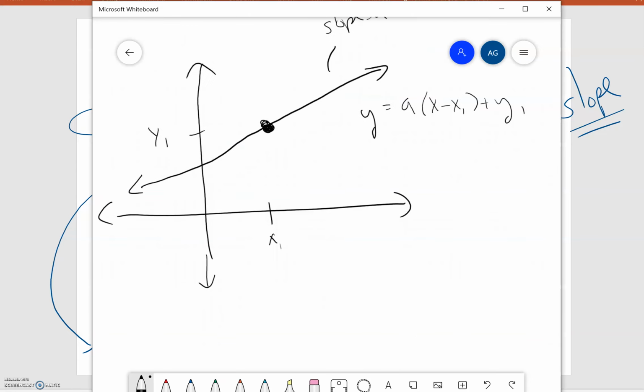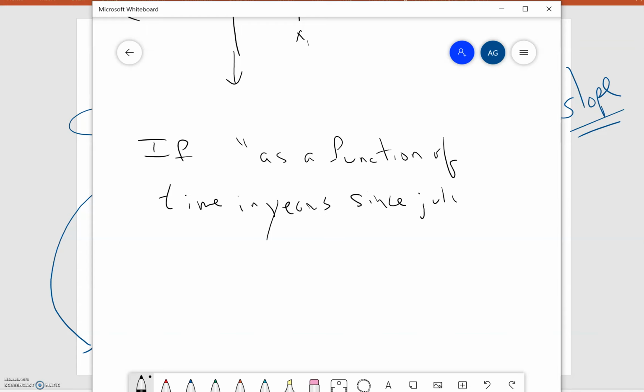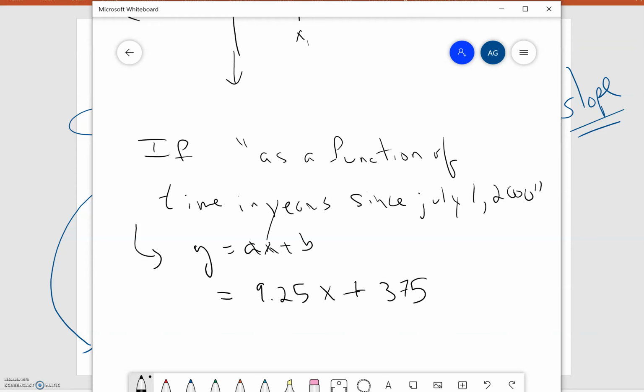So actually, let me write that down. So if it says as a function of time in years since July 1st, 2000, so if that was what the problem said, then I would use ax plus b, and my formula, or my line, would be 9.25x, or t, plus 375.